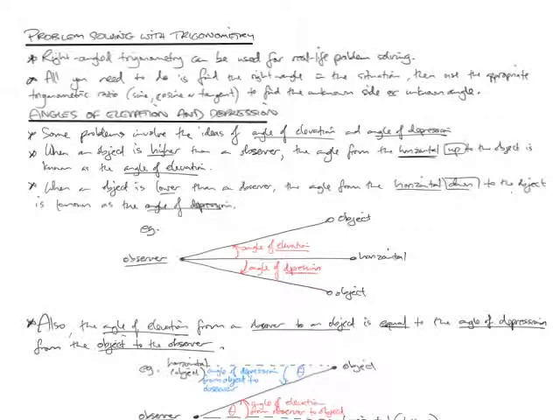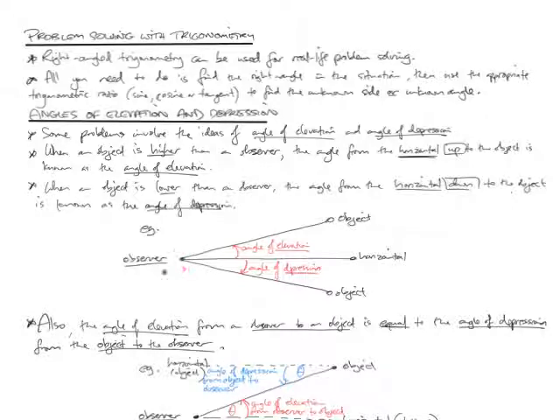One thing to note is that you'll encounter problems that talk about the angle of elevation and depression. The ideas of angle of elevation and angle of depression, you've probably used those ideas before without being formally told what those terms mean. So when an object is higher than an observer, the angle from the horizontal up, from the observer up towards the object, is known as the angle of elevation.